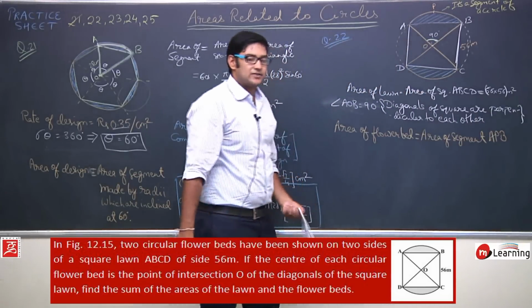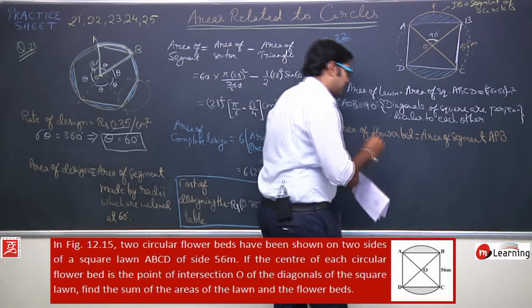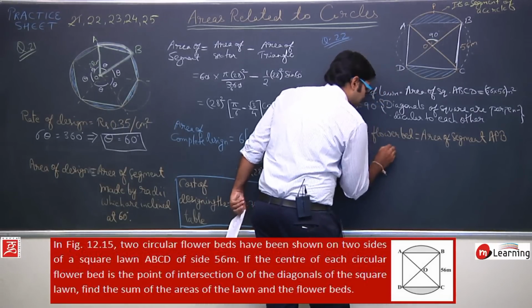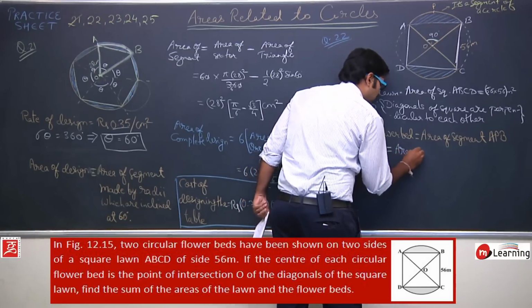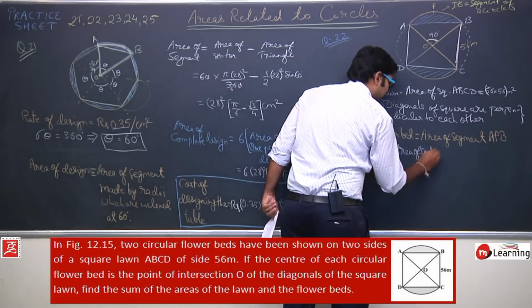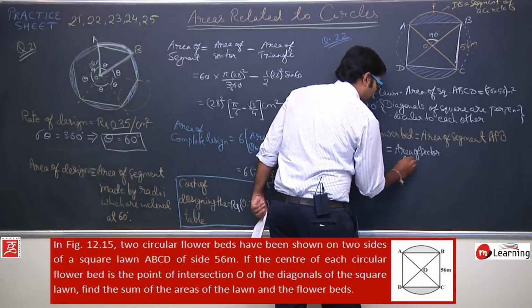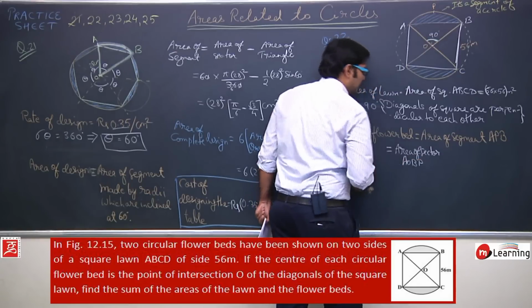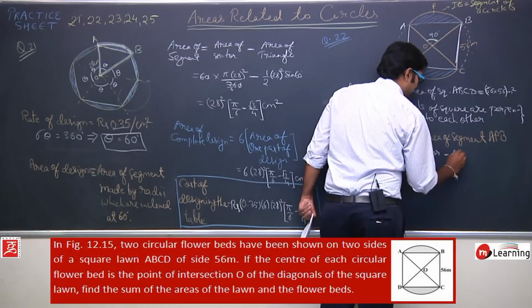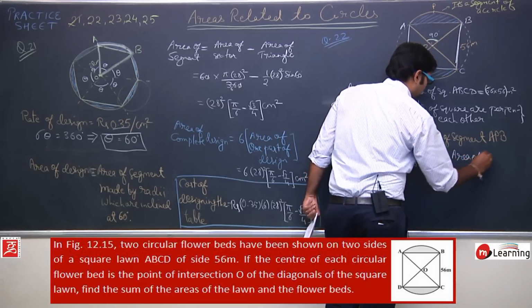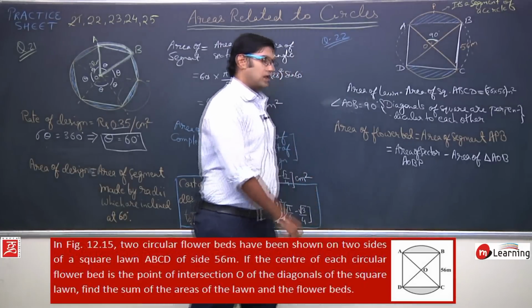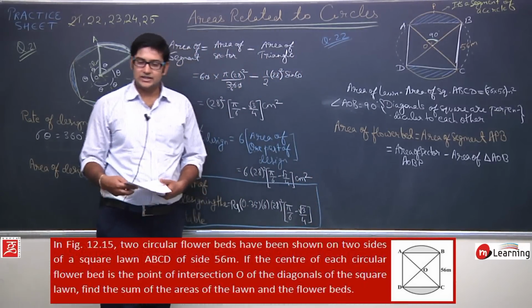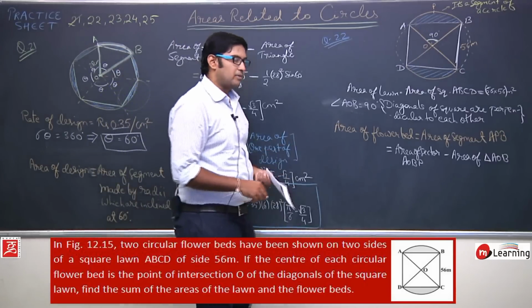Now what is the area of segment APB? Area of segment APB can be written as area of sector AOBP minus area of triangle AOB. Okay, area of sector minus area of triangle AOB.